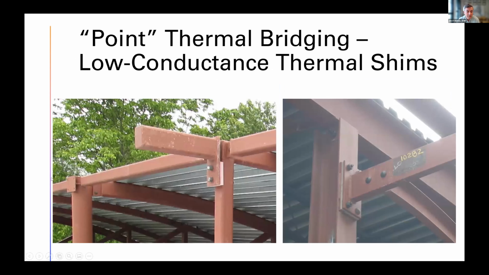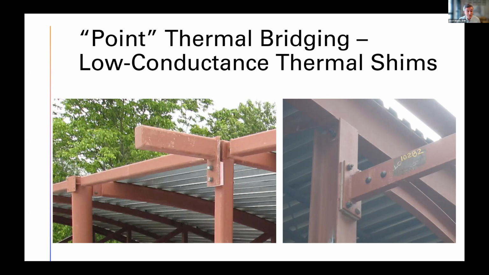These are a couple of examples of low conductance thermal shim use in roof framing, where there's very low load on the structural elements. We've introduced the low conductance thermal shim, so the stresses are low. I've been known to be very bold when it comes to details that have very low loads. It's the big loads that you really have to pay careful attention to structurally.